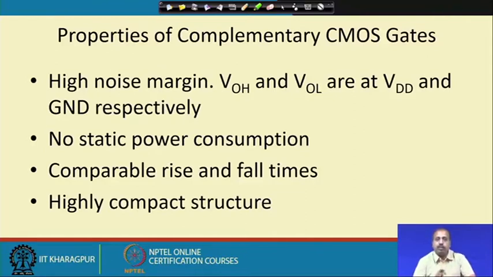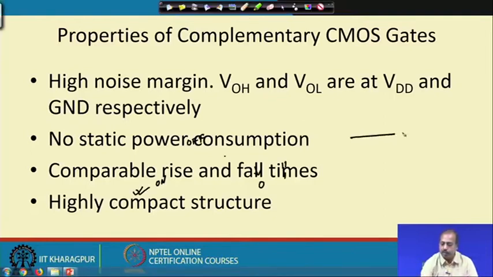So, we have got VDD, that is the supply voltage which may be close to say 5 volt, and VSS or ground which may be equal to 0 volt. Now, you may say that anything above 2.5 is considered as logic high, and anything below 2.5 is a logic low.